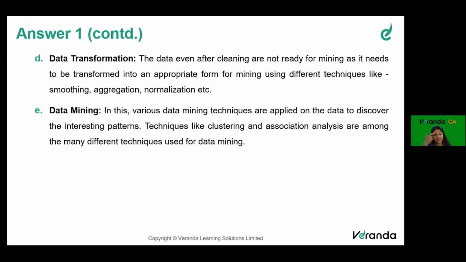Association analysis could be some variable. People under the age of 15 who stay in a metro city. People under the age of 15 who stay in a non-metro city, right? So there could be some kind of association analysis that I can apply. So that is actually data mining.